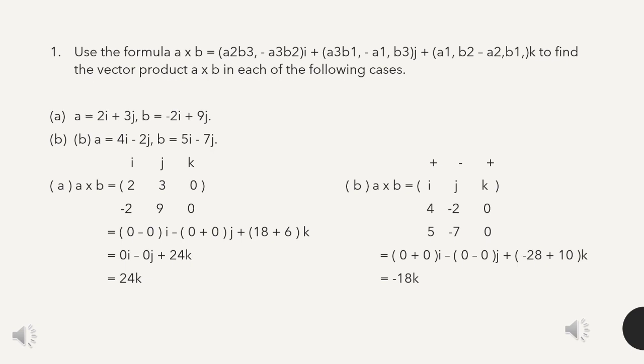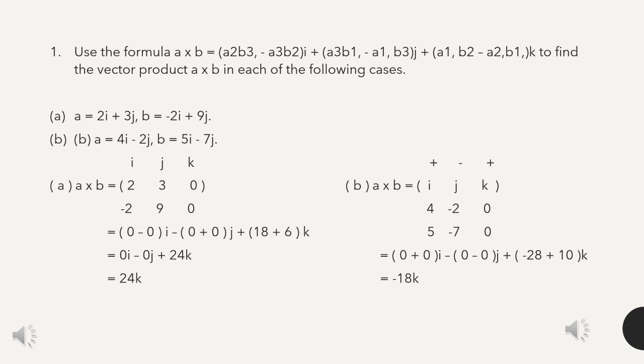And next, close the row of J, and we have 4 times 0 is 0, and 5 times 0 is 0, and we get 0 minus 0.